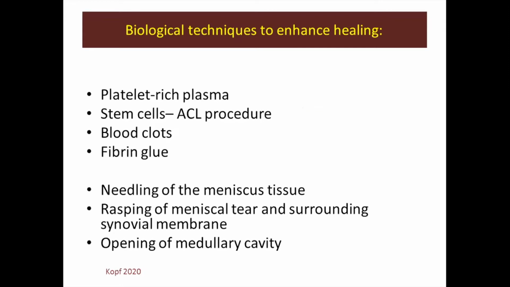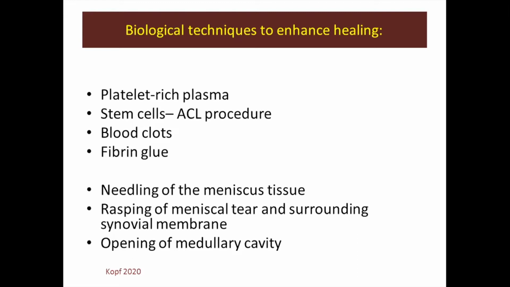So the biological techniques to enhance healing are the platelet-rich plasma, which can be done as a separate procedure. The stem cells, of course, this would be the part of drilling the tunnels or making holes in the bone, or putting the blood clots separately, or using the fibrin glues.